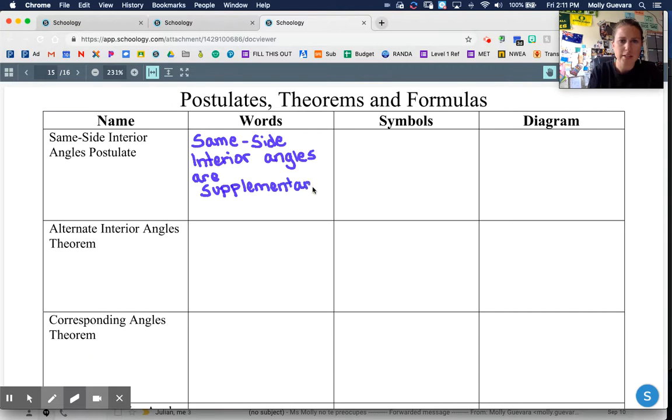Same side interior angles are supplementary. This means that they add to 180 degrees. Okay, they add to 180 degrees.